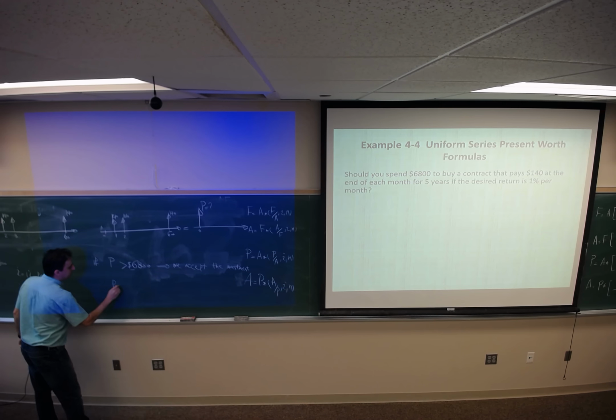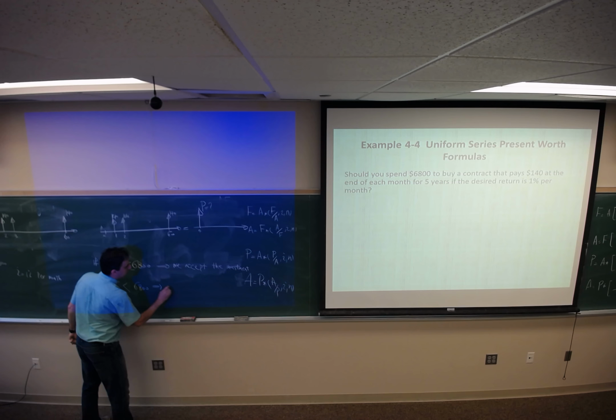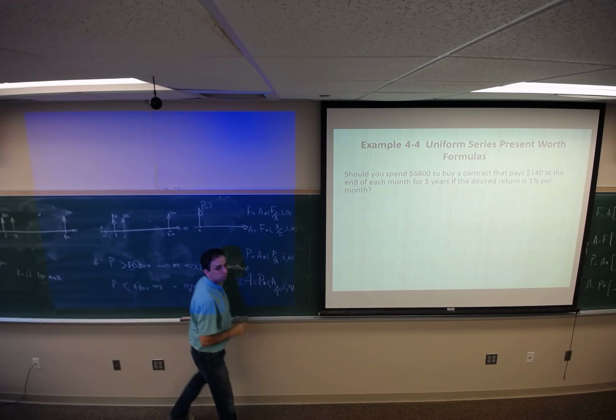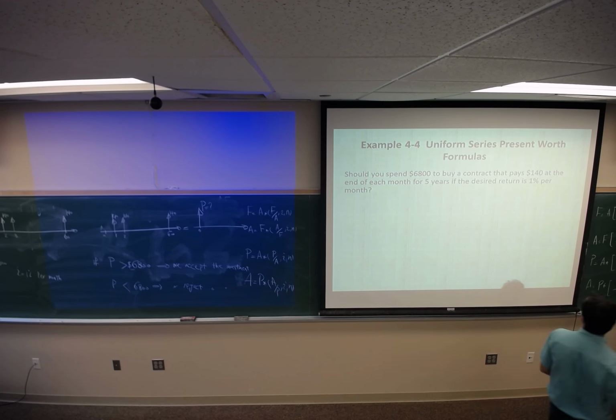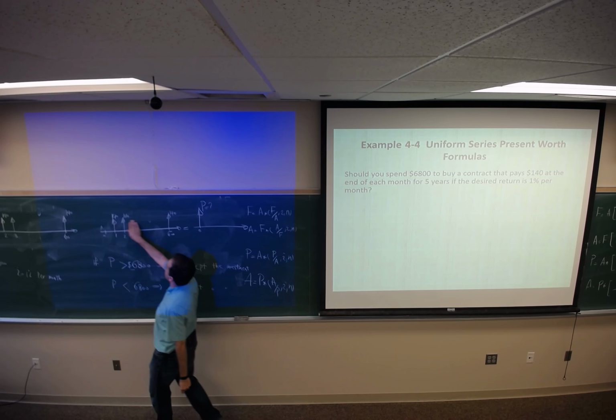But if P is less than 6,800, we reject. Make sense?